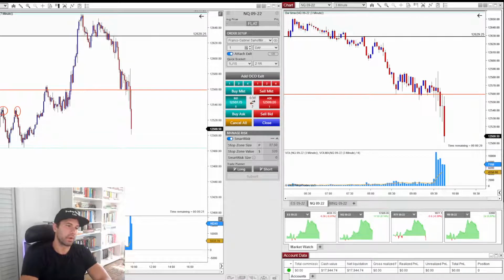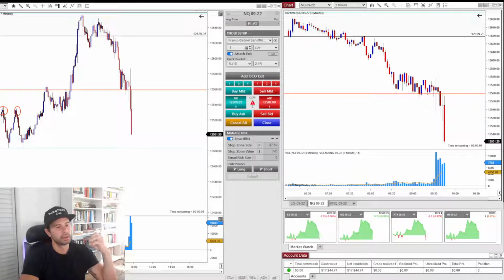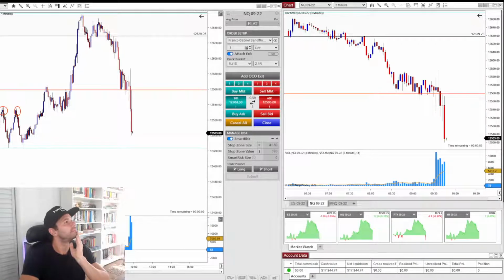I'd rather just wait for it, and since I trade very short time frames, more like a volume chart, I like to wait for it to create an area of demand.